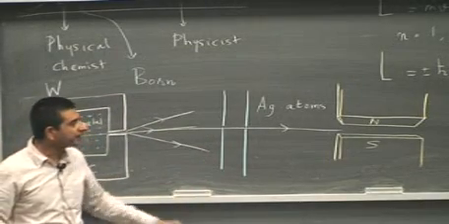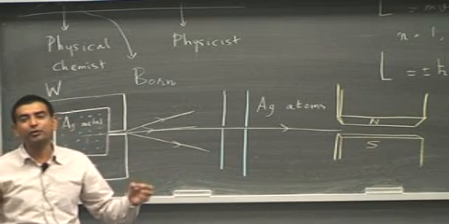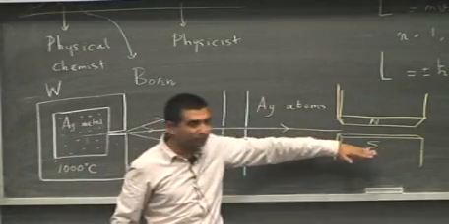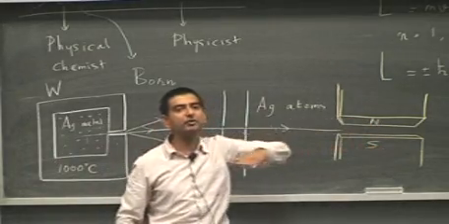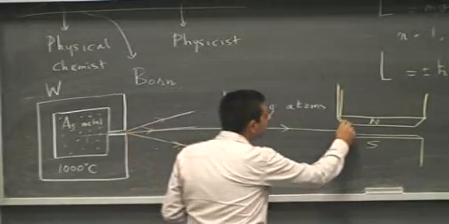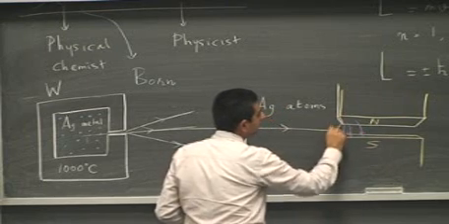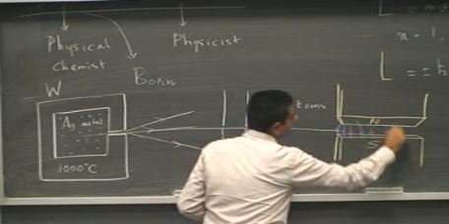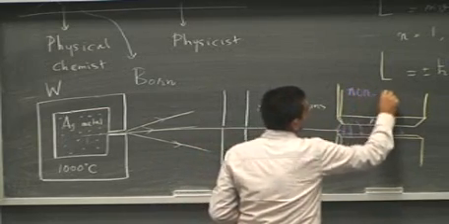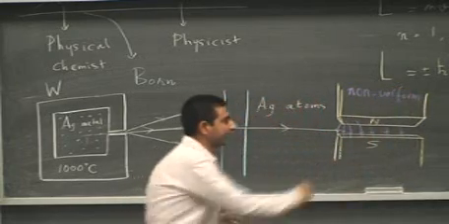And the poles of the magnet were shaped in such a way that the magnetic field is non-uniform. This pole has a flat face, but the upper pole does not have a flat face, it has a conical face. So this field is non-uniform. So we produce a non-uniform magnetic field.